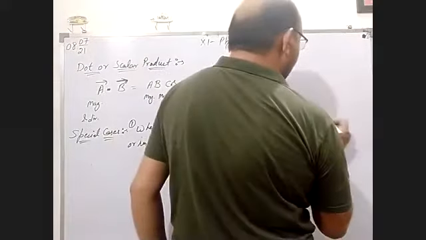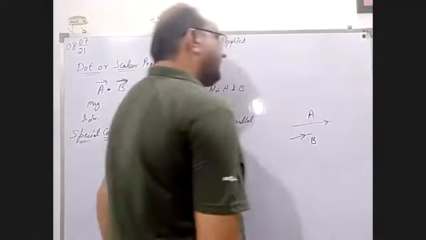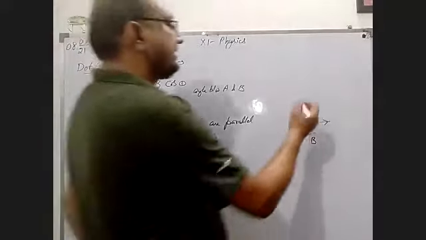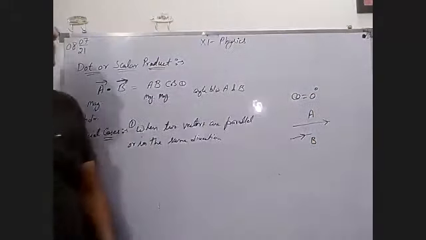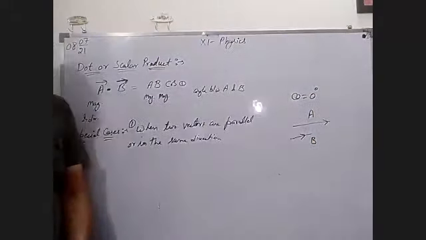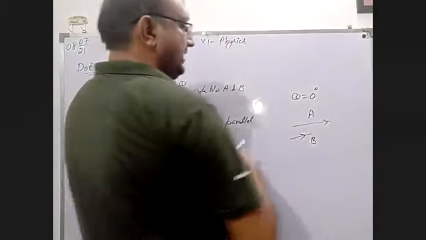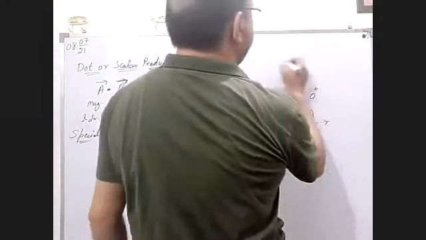Suppose this is vector A, this is vector B. They are parallel, they are in the same direction. Then the angle between them, theta, is equal to 0 degrees. Now what is the meaning of this? Suppose it is moving along the x-axis.